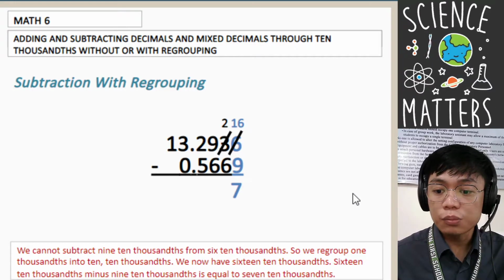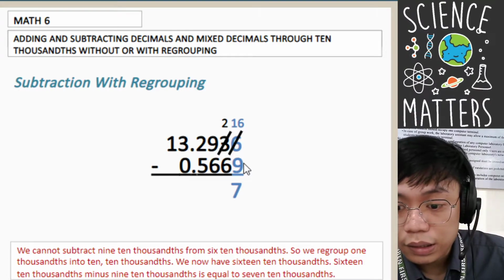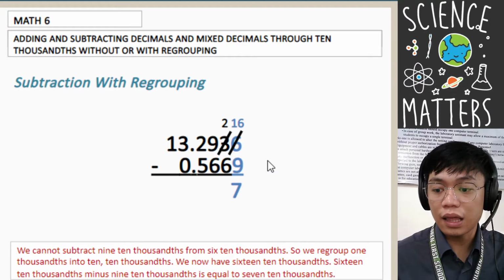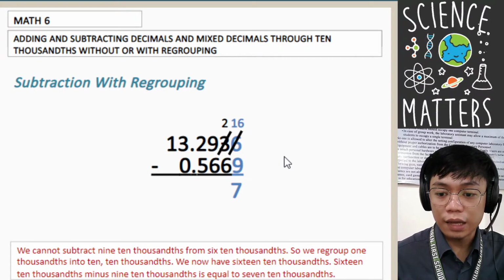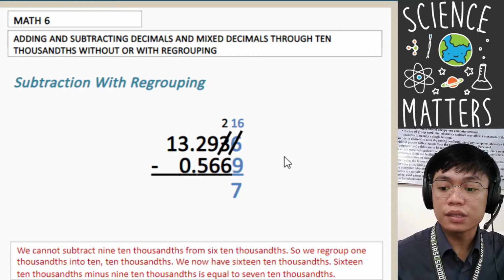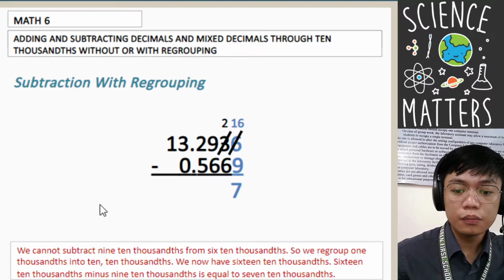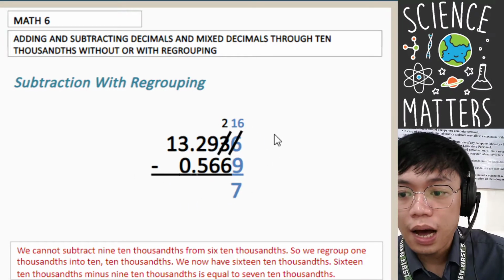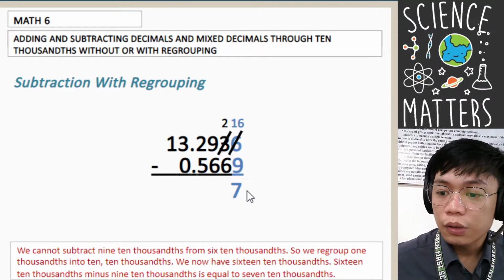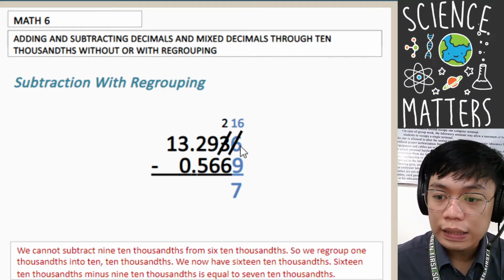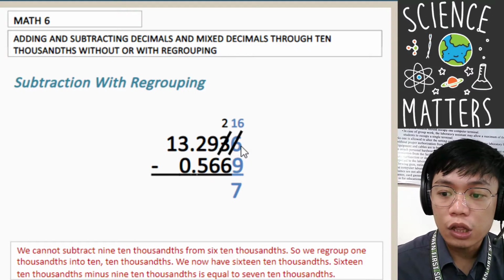Going back to the given numbers, we cannot subtract 9 from 6 because 6 is lower than 9.